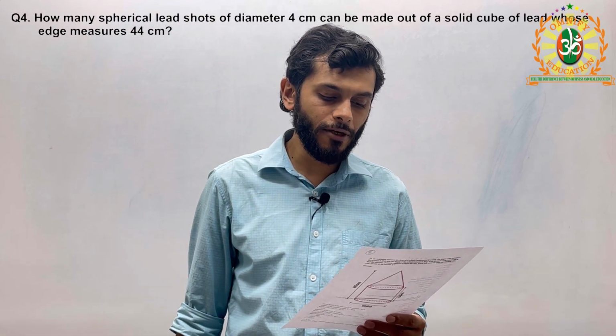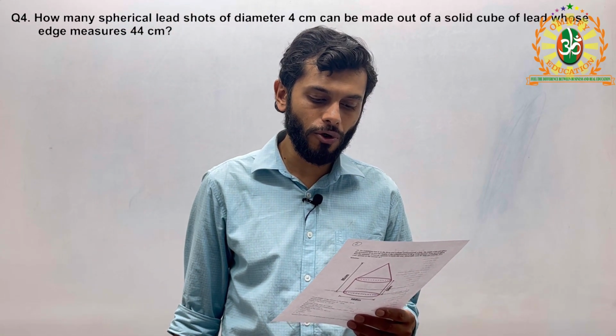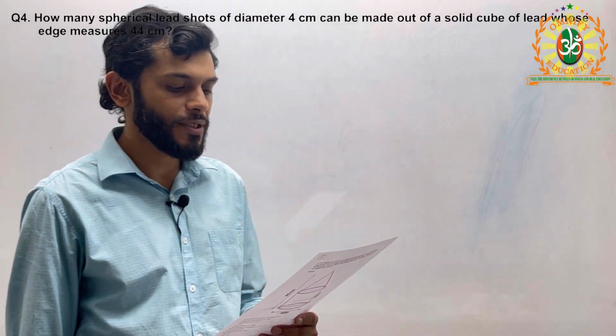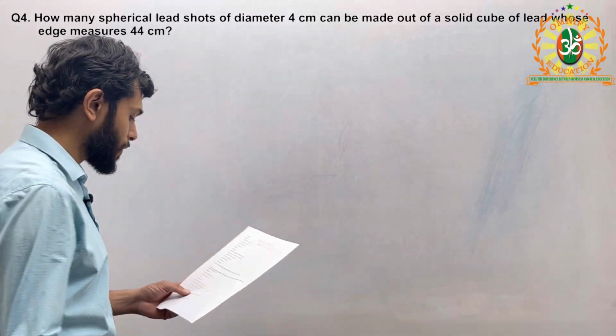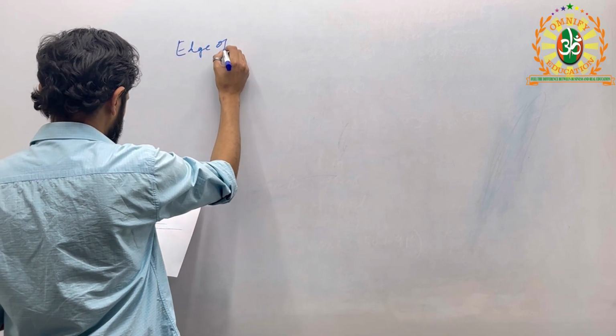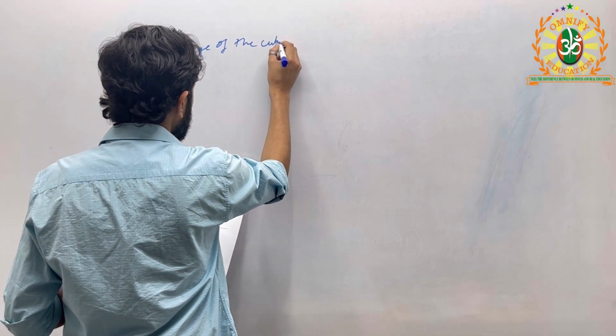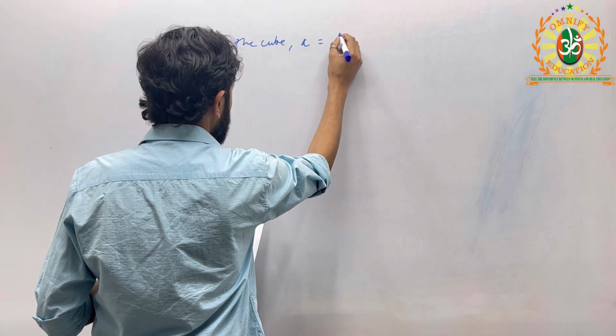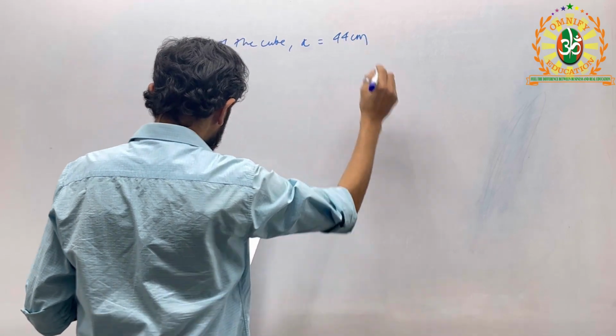On the last question of the topic mensuration: how many spherical lead shots of diameter 4 cm can be made out of a solid cube of lead whose edge measures 44 cm? So we have been given the edge of the cube as 44 cm.